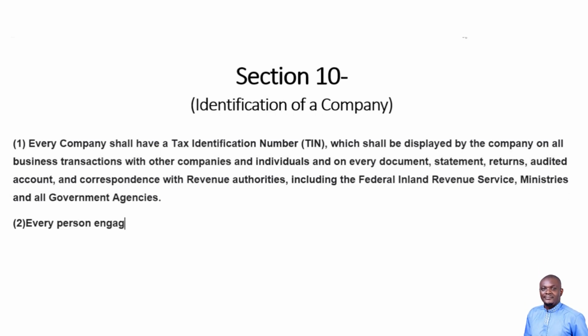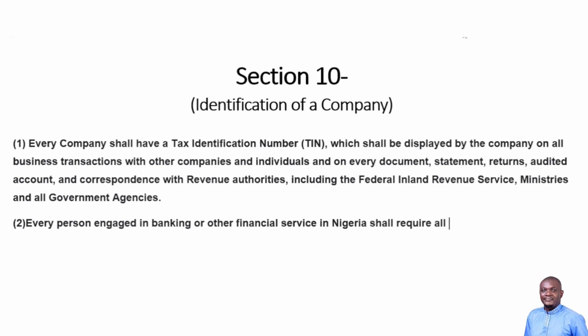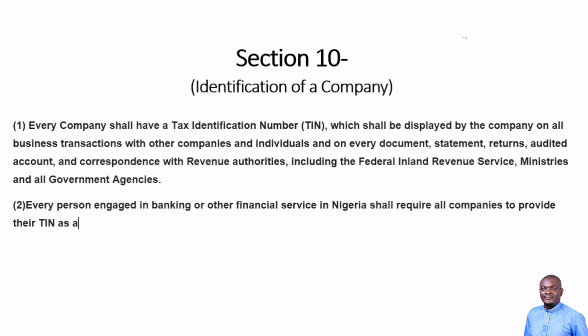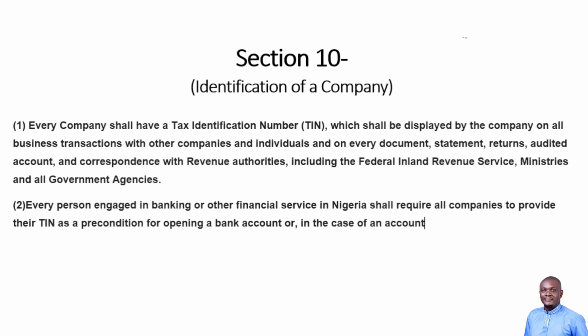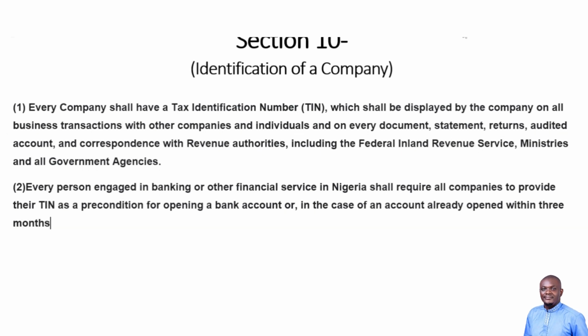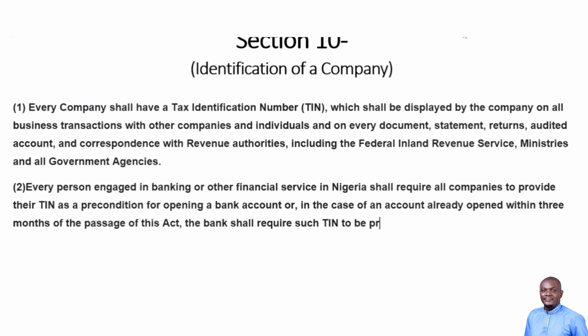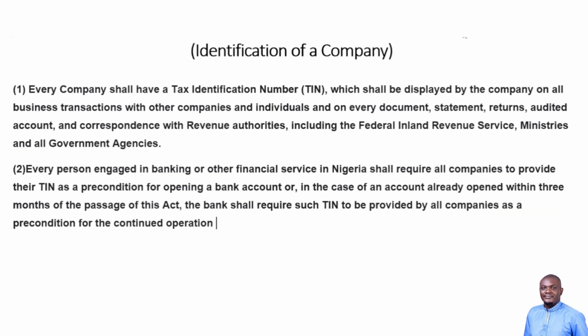Every person engaged in banking or other financial service in Nigeria shall require all companies to provide their TIN as a precondition for opening a bank account, or in the case of an account already opened within 3 months of the passage of this act, the bank shall require such TIN to be provided by all companies as a precondition for the continued operation of their bank account.